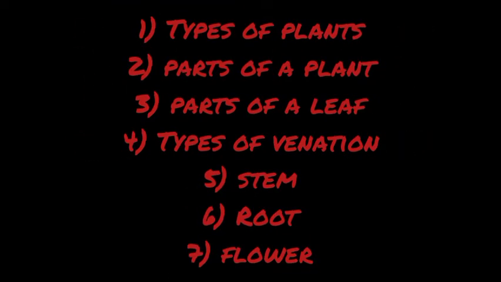The main points that we discussed in this lesson are: first, types of plants; second, parts of a plant; third, parts of a leaf; fourth, types of venation; fifth, stem; and then root, then flower.